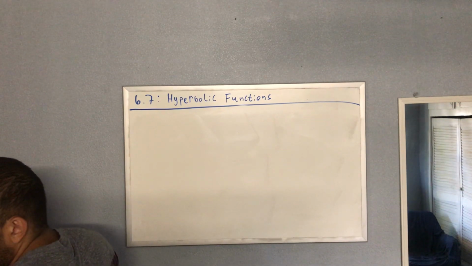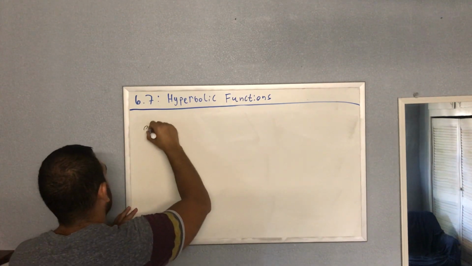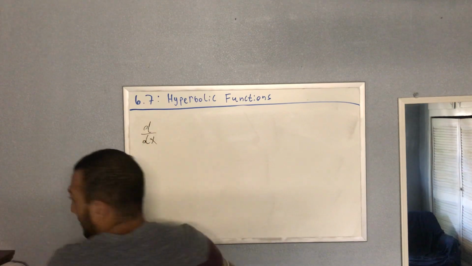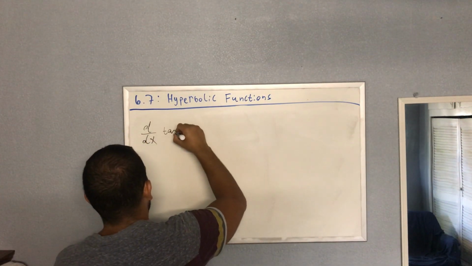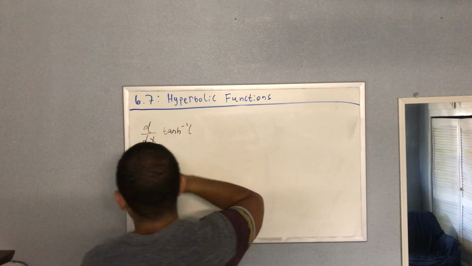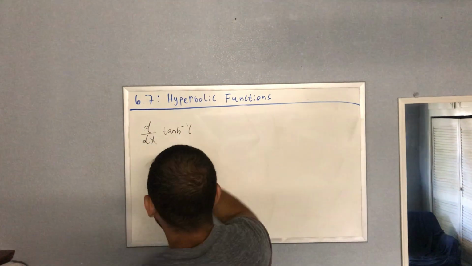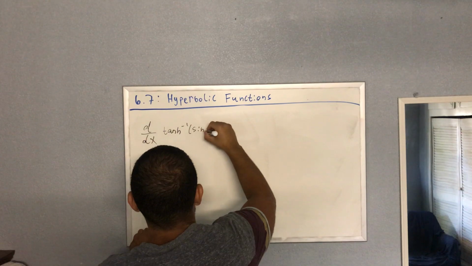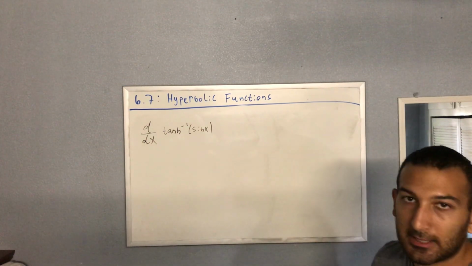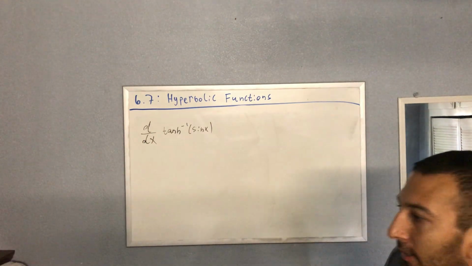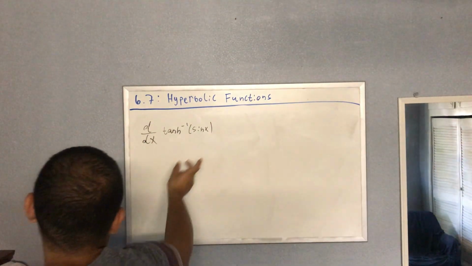So let's say you want this. Say you want the derivative of this guy. Okay? So it's clear that we need to use the chain rule, right? Because this is not just x.